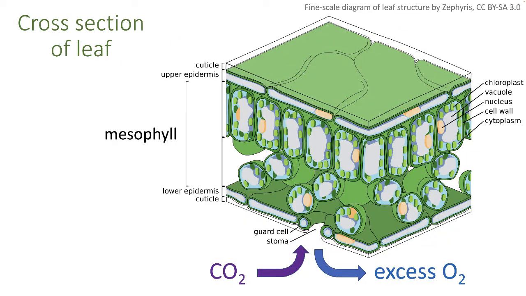If we zoom in more closely to a cross-section of the leaf, we can see on the bottom here the stoma, which is a pore through which carbon dioxide enters and excess oxygen exits the leaf. The plural of stoma is stomata. We can also in this diagram see the mesophyll, which is the main tissue in which photosynthesis takes place. The mesophyll consists of cells which have many chloroplasts, which of course is the organelle of photosynthesis in eukaryotes.